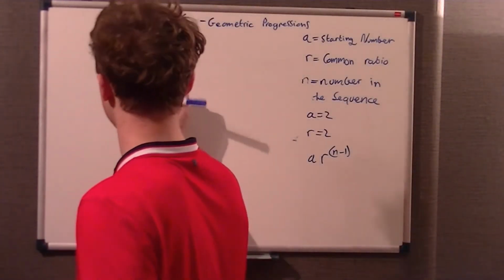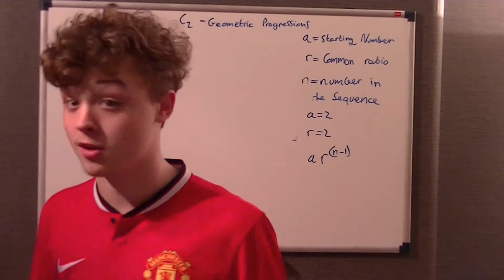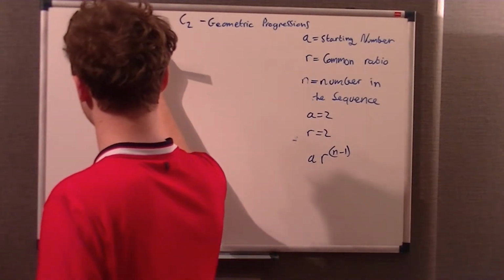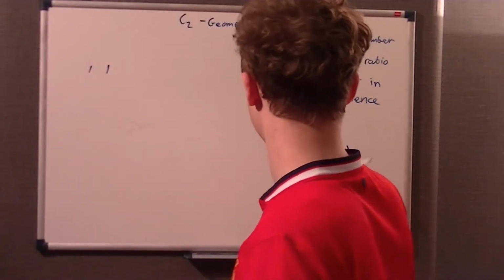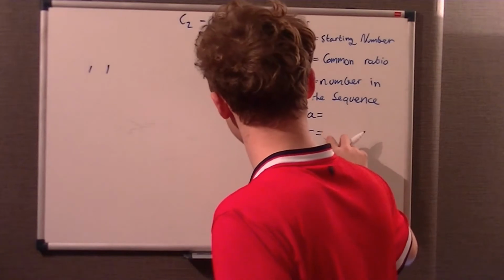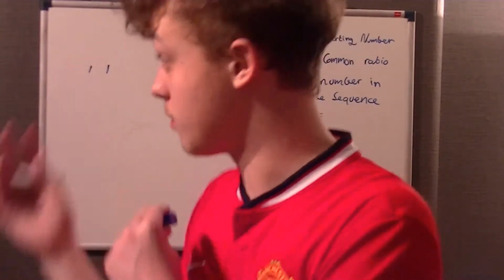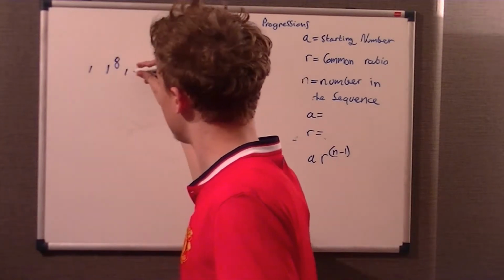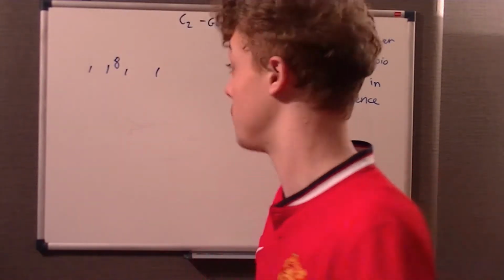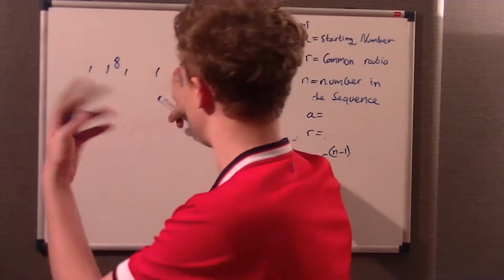Sometimes, actually, before we go on to the sum, you may get something like this. It doesn't tell you the first number, doesn't tell you the second, it tells you the third. Let's actually use our old friend, the 2, 4, 8. So 2 times 2 is 4, times 2 is 8, so the third number is 8. That's going to be 16, but we say we're not given that, and this number is going to be 32.